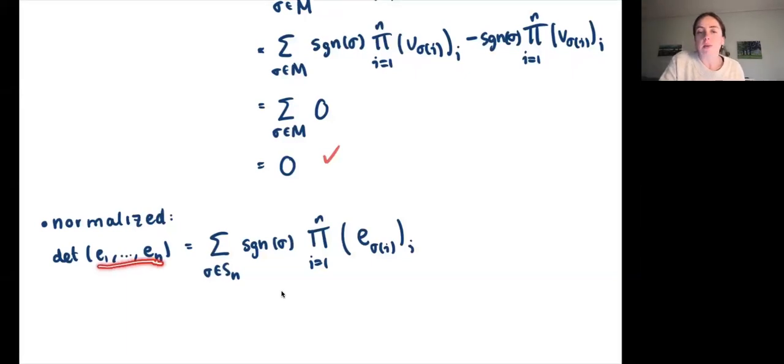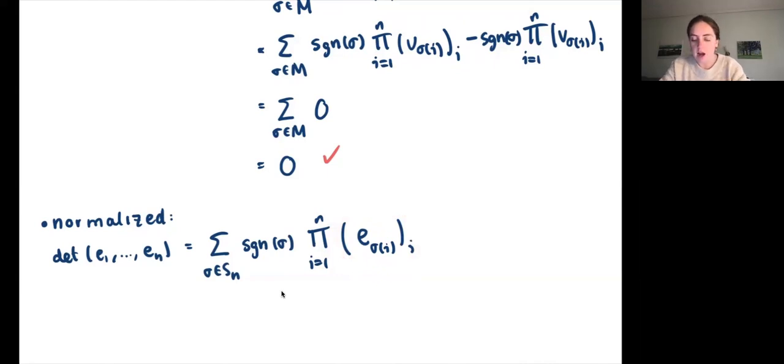These vectors e_i are filled with a lot of zeros, so a lot of the terms in this product are going to be 0. And if we ever even have one 0 term in the product, then the whole thing is 0.